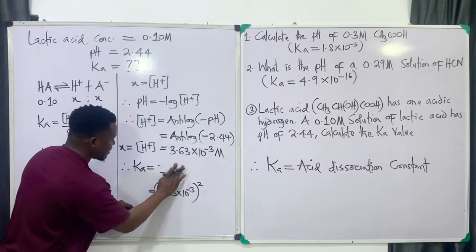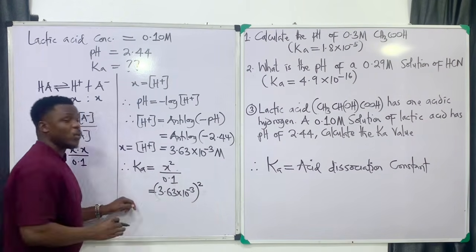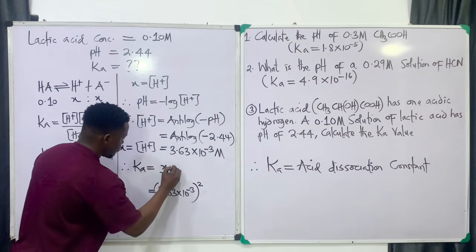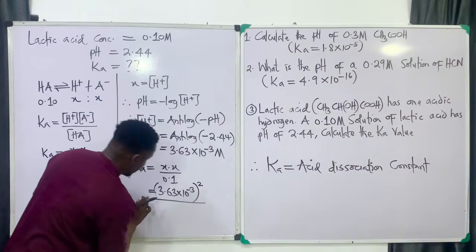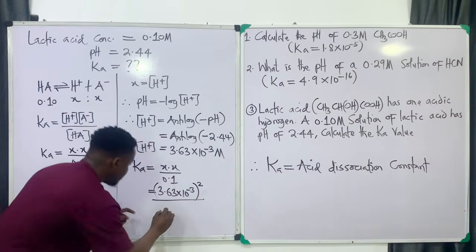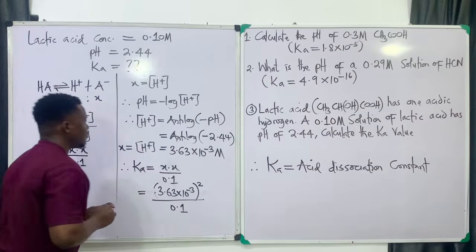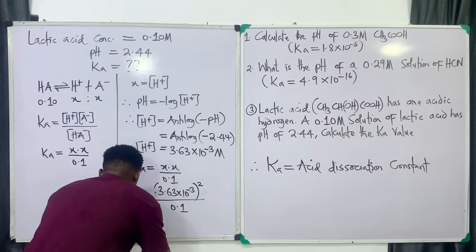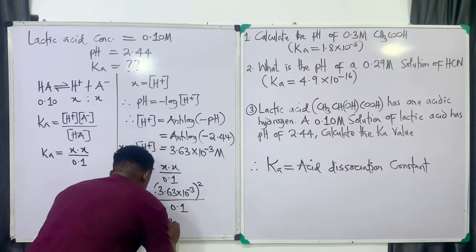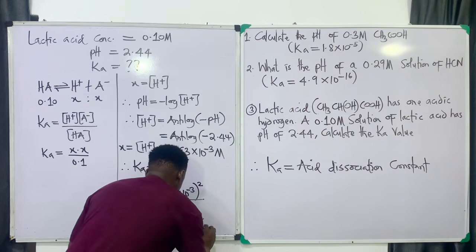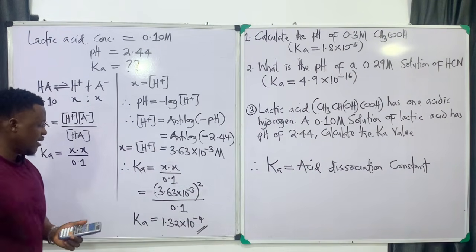Remember, X times X is X squared, all right? Now this is all over 0.1. Okay. Now that is the answer for that Ka.